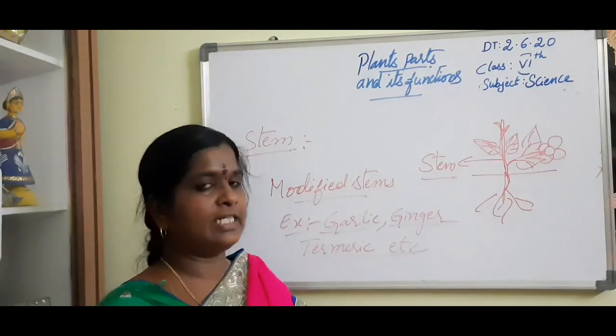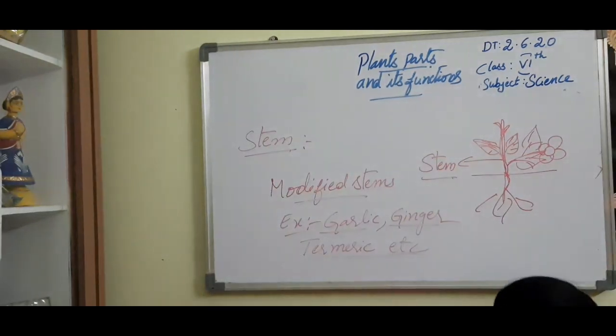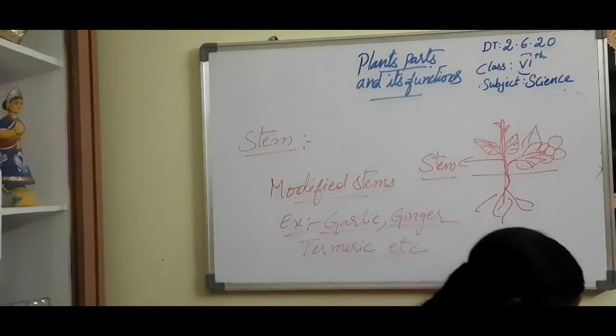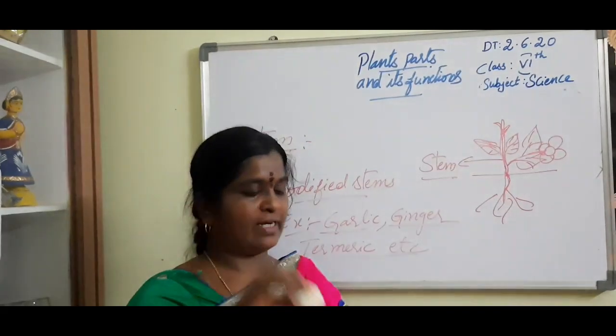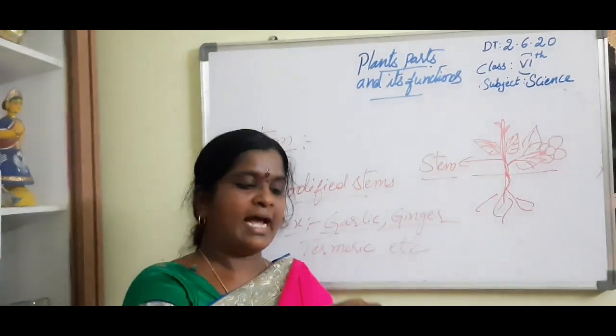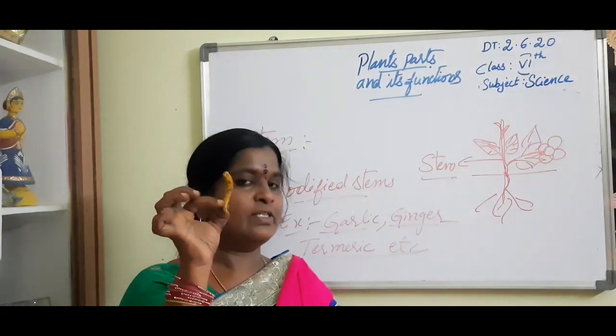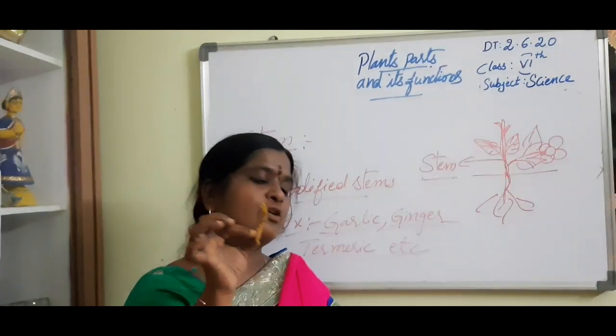They store food in the stem, so they look bulged in shape. See, I am showing here: this is a garlic, it's a modified stem. This is a ginger, it is a modified stem, and this is turmeric. These are the examples of modified stems which store food materials.